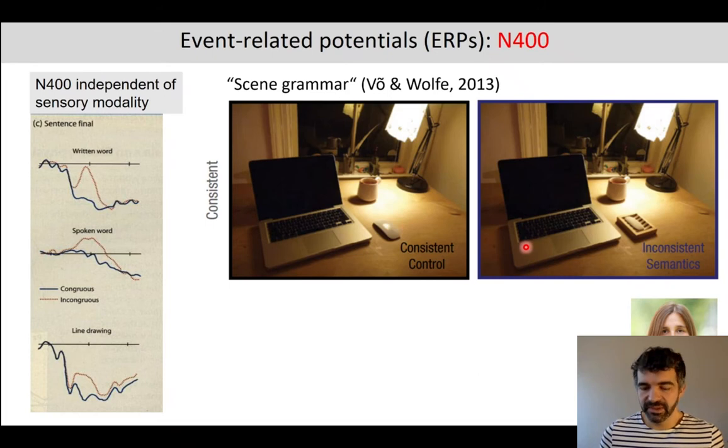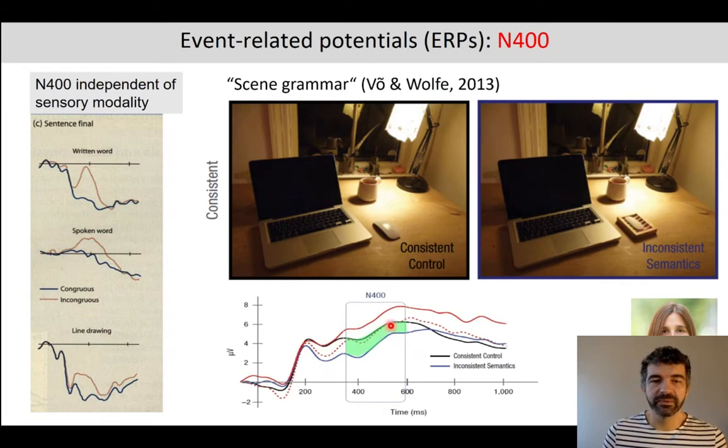And then in another scene, you have some kind of soap dish next to the laptop, which is not where we would expect it. And then you can also see in the around N400 range that this is more negative than this. Again, hinting towards the notion that you need more effort to implement that into your scene, rather than here where it is congruent or consistent.